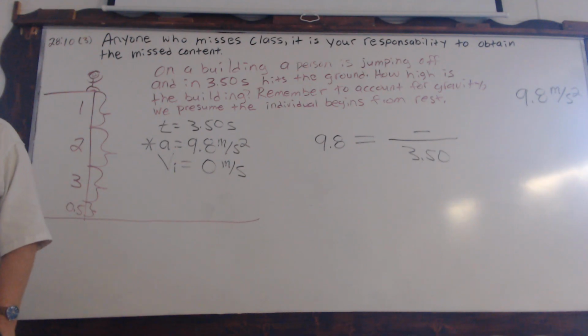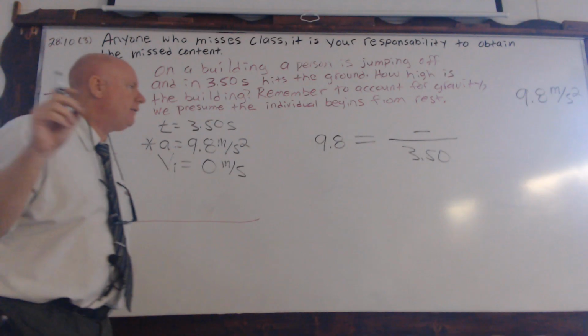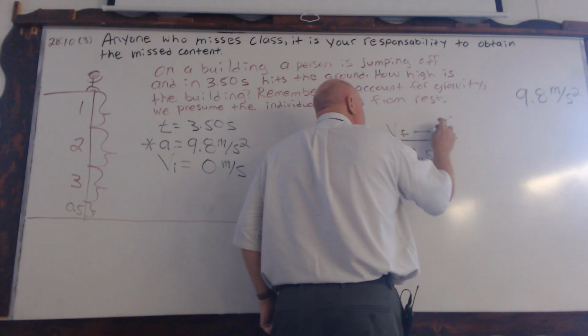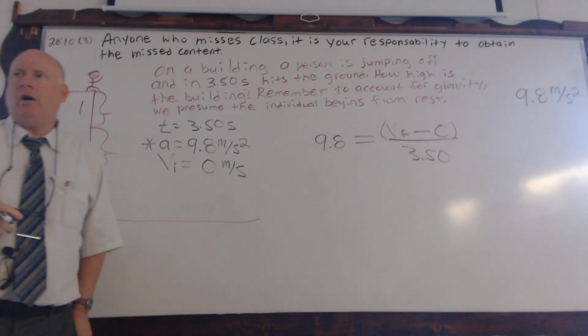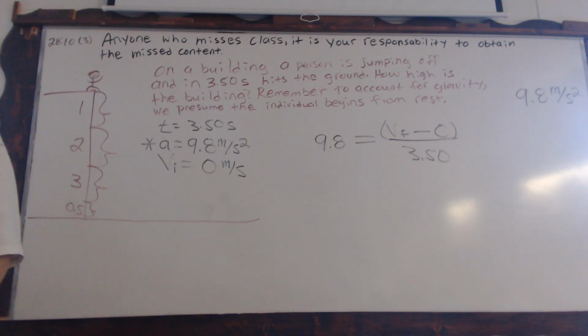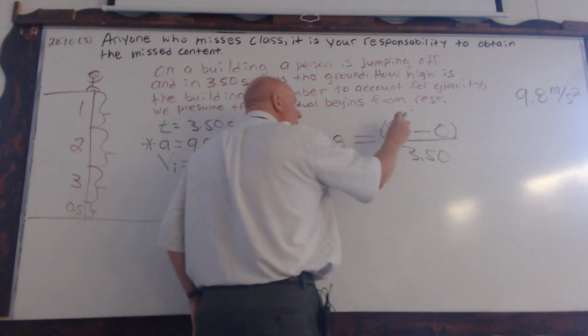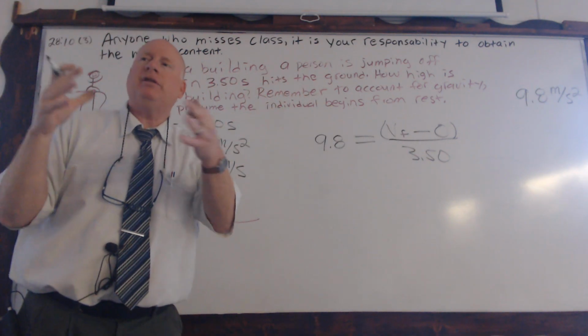VF. 0 is VI. That's why we write it down. Your final velocity then minus 0. Do we have to have that 0 in there? No. You can presume you're subtracting 0. Nothing's changing. So how do we solve for this final velocity now?